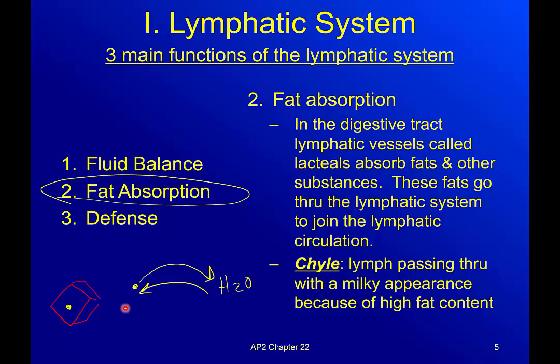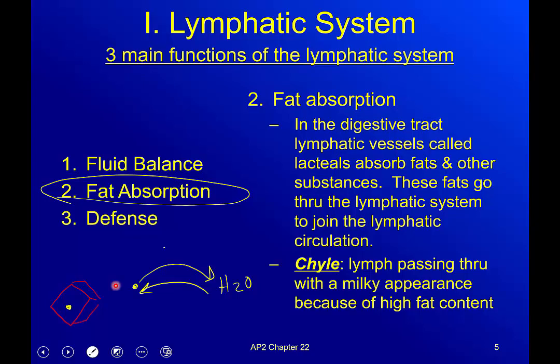It's like having a room door that goes into your bedroom versus a garage door. Garage door is a lot bigger. I'm not going to be able to fit a car through my bedroom door, but if I have a garage door, I can. So we pick up here in the lymphatic vessel these fats, and we drop them off in general circulation. Remember, all the fluid we're picking up gets put back into general circulation.